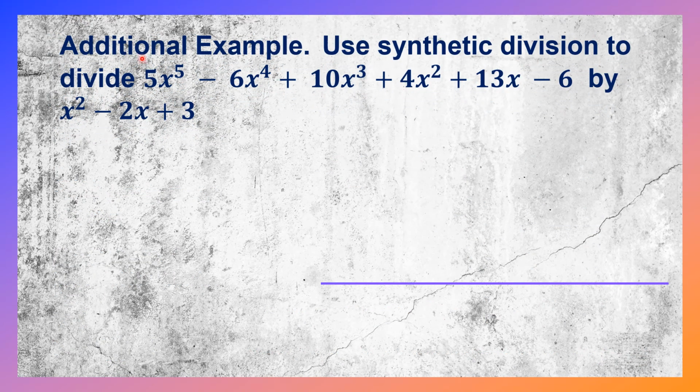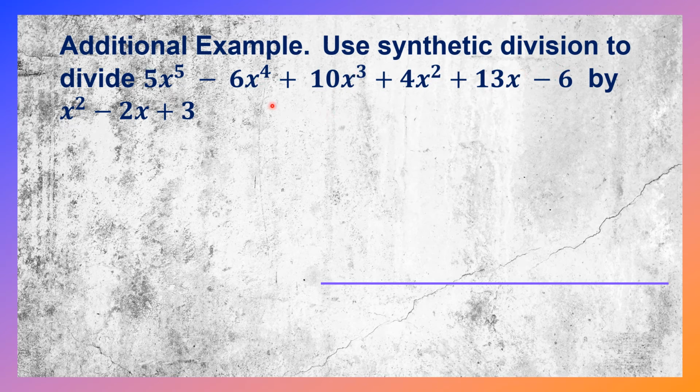Additional example. Use synthetic division to divide 5x raised to 5 minus 6x raised to 4 plus 10x cubed plus 4x squared plus 13x minus 6 by x squared minus 2x plus 3. First, look if the polynomial is in descending powers and if there are missing terms. So the powers are 5, 4, 3, 2, 1, 0.